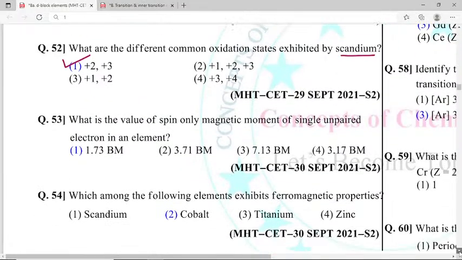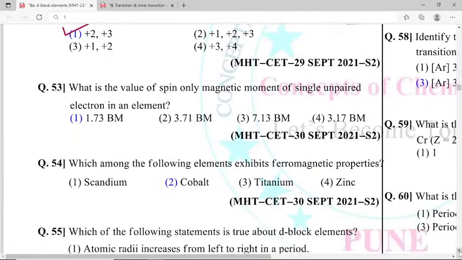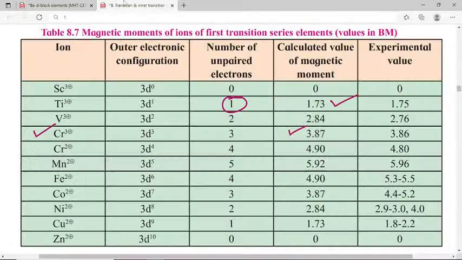Next, what is the value of spin-only magnetic moment of single unpaired electron in an atom? One unpaired electron, so 1.73. Two unpaired, 2.84.